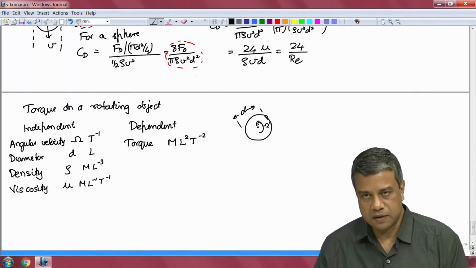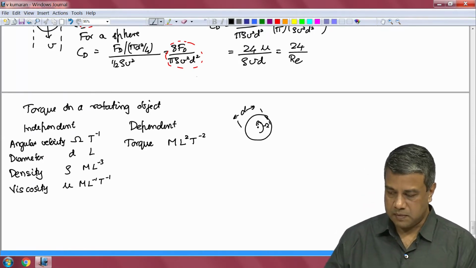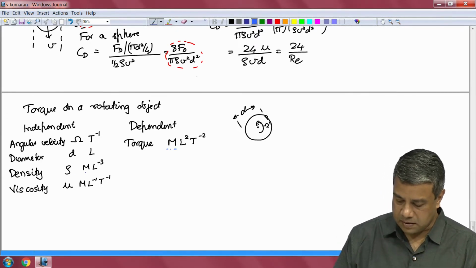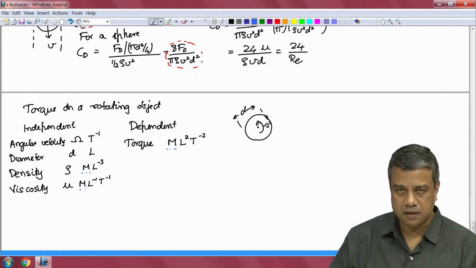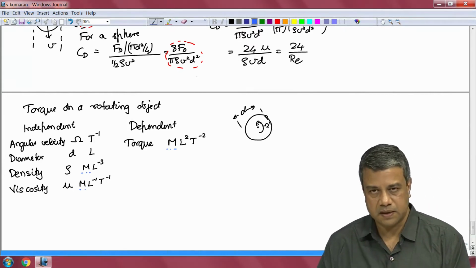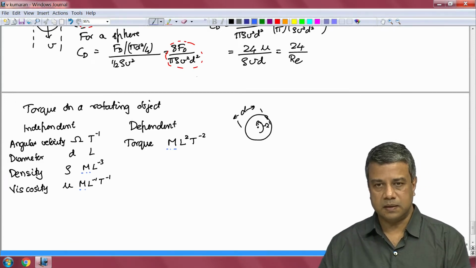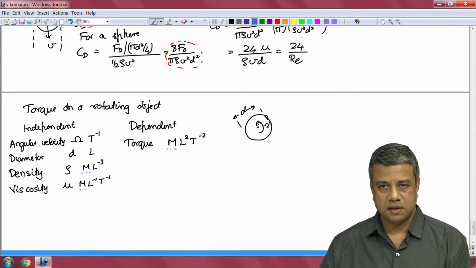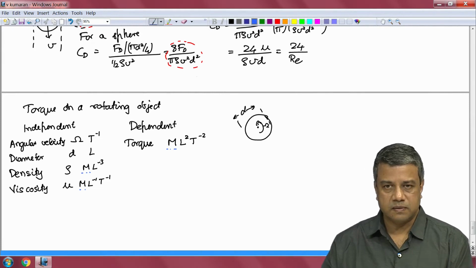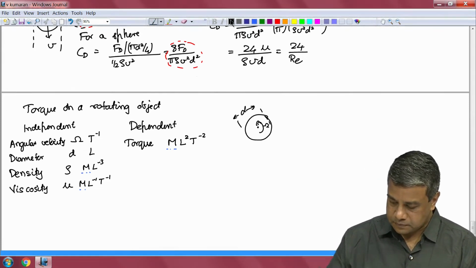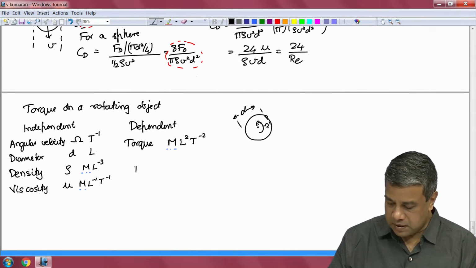It has to have torque, and torque has the mass dimension in it, and the mass dimension has to be scaled either by the mass dimension in the density or the mass dimension in the viscosity. There is subjectivity in how you choose which one to scale it by. In this case we will choose to scale it by the viscosity.